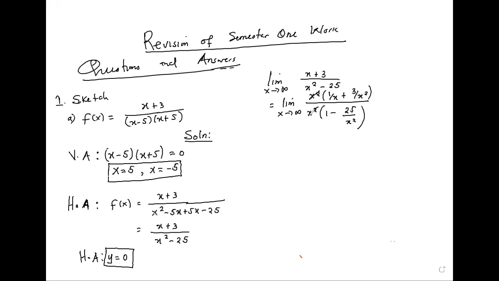Then these will cancel, and since the limit as x goes to infinity of 1 over x is 0, so it is for 3 over x squared and for 25 over x squared. So we'll have 0 over 1, which is equal to 0, which is what we have obtained here.